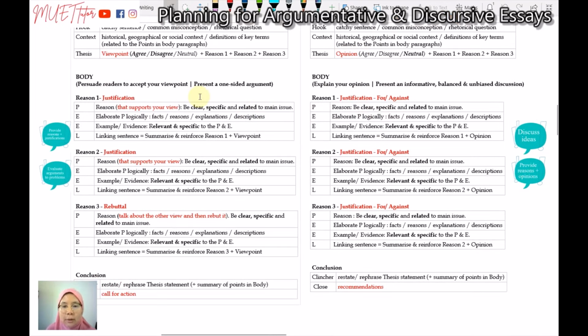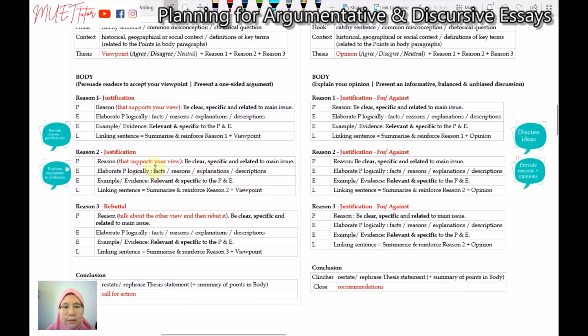In the body paragraphs, argumentative will persuade readers to accept your viewpoint by giving the 3 reasons, while discursive tries to explain your opinion by giving the 3 reasons. Argumentative tends to present a one-sided argument, while discursive presents an informative, balanced, and unbiased discussion.